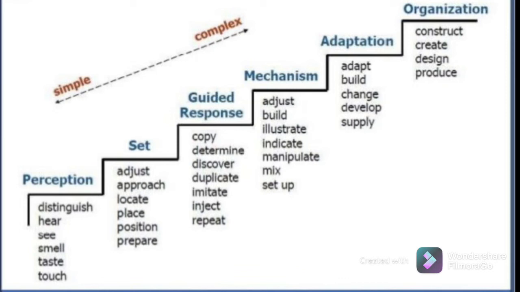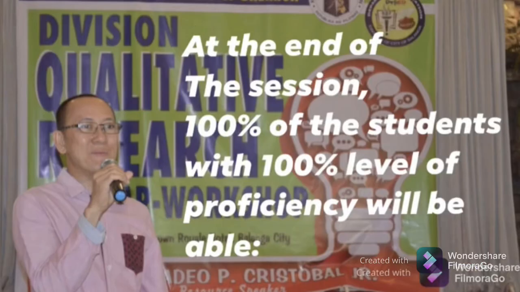So you can use under perception, always remember the opening phrase, at the end of the session, 100% of the students with 100% level of proficiency will be able to hear the music used in cha-cha. That is perception. In set, to position his feet as a start for dancing cha-cha.